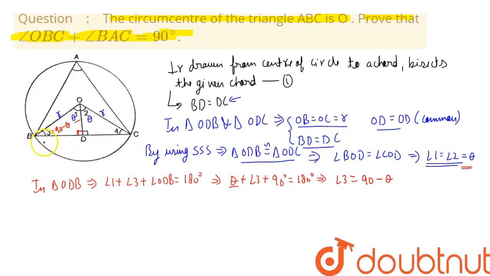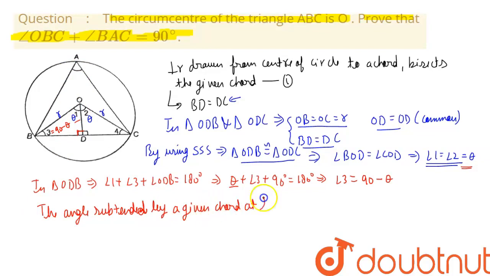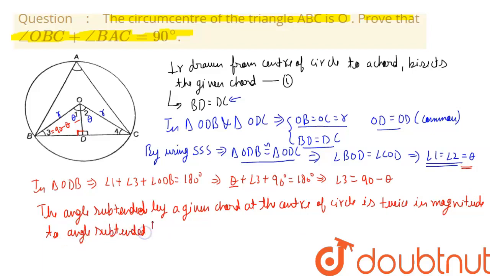So now we are going to use one property of circles. We know that the angle subtended by the given chord at the center of the circle is twice in magnitude the angle subtended by the same chord at the circumference of the circle.